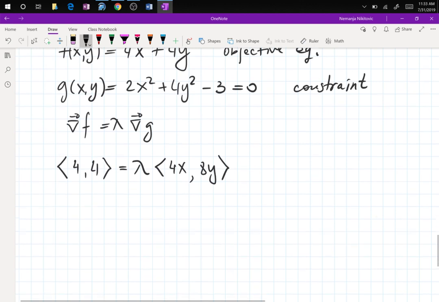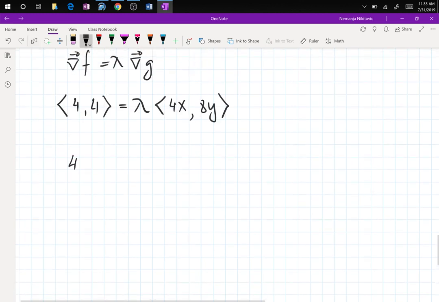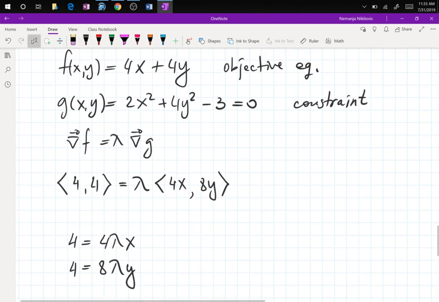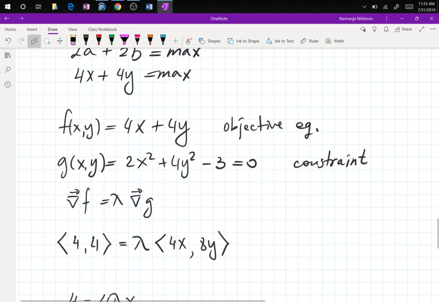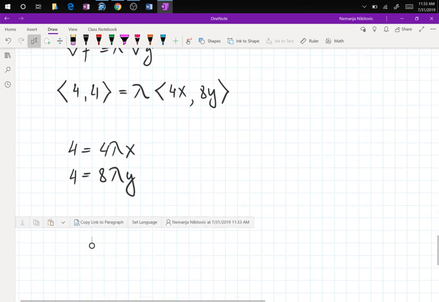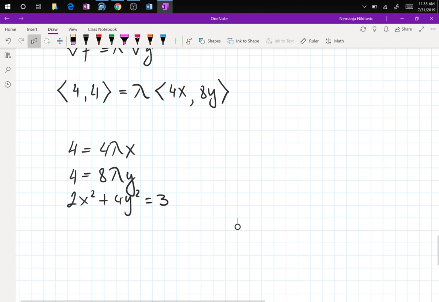So now, once you have this, you go and create equations. So 4 equals 4 lambda x, 4 equals 8 lambda y, and the constraint equation, which is our ellipse equation. We'll go all the way up there and just copy it in. There we go. And now I have my 3 equations, which is a system.